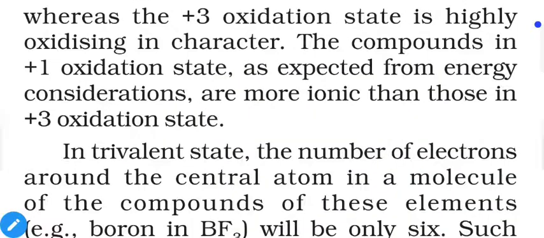Now if we compare the +1 and +3 oxidation states, the +1 oxidation state has more ionic character than +3. That means the +1 oxidation state will show ionic character and the +3 oxidation state will show covalent character. Now why does this happen?